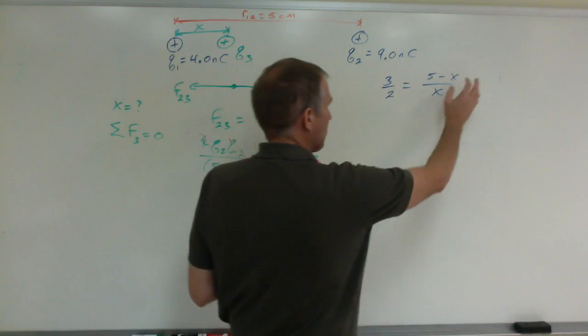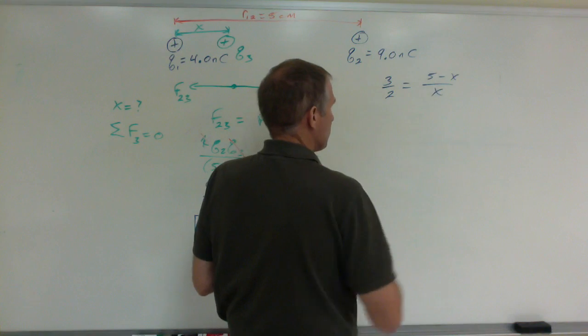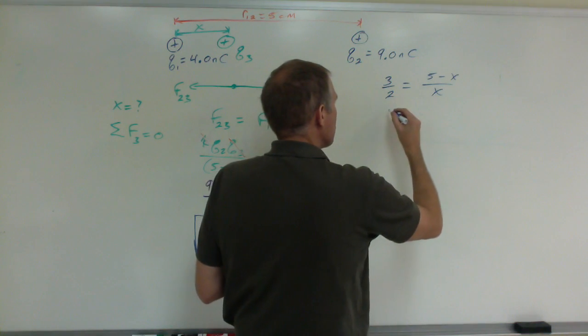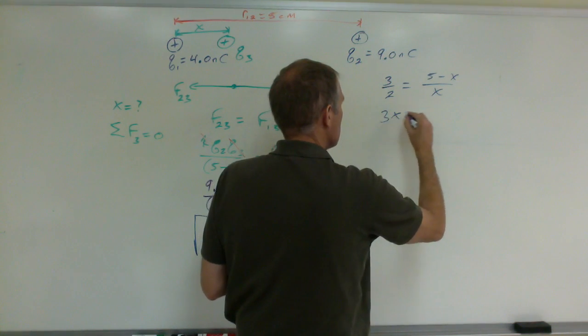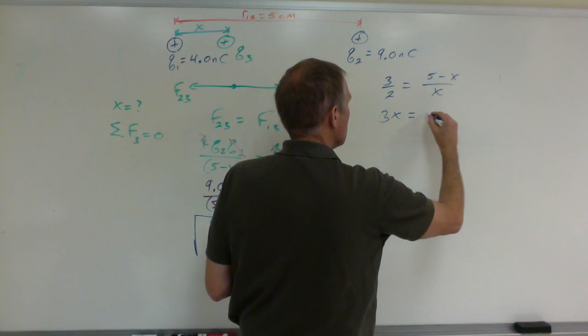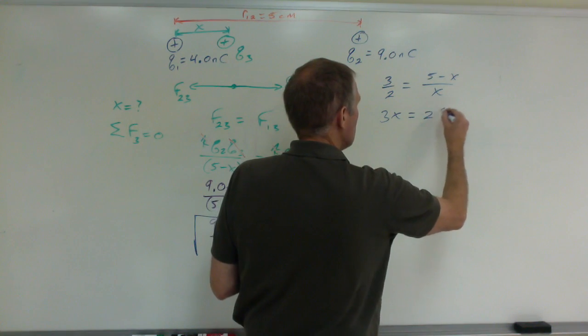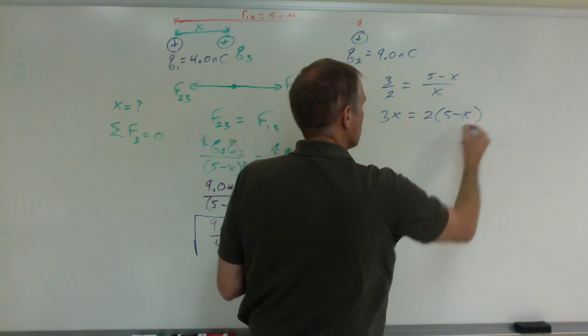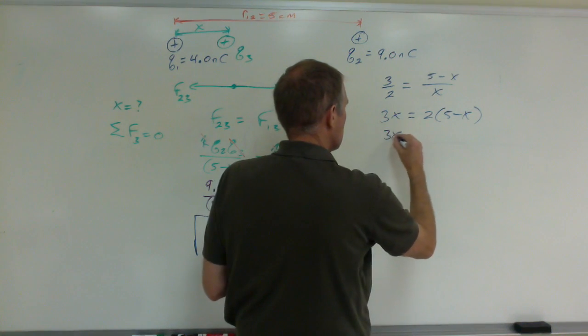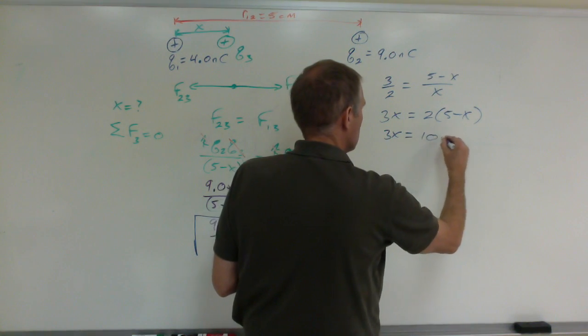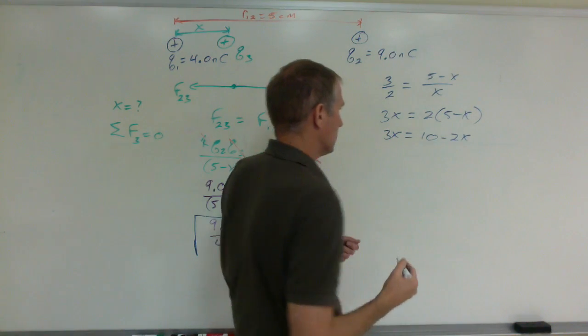Now, let's multiply both sides by x, and multiply both sides by 2. So I get 3x equals 2 times (5 minus x), or 3x equals 10 minus 2x.